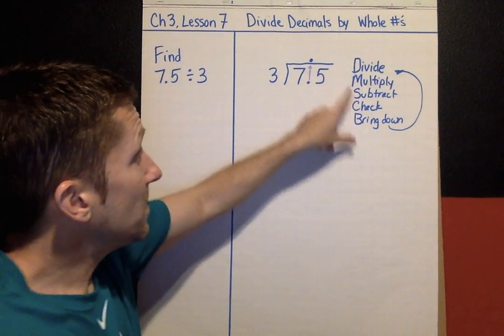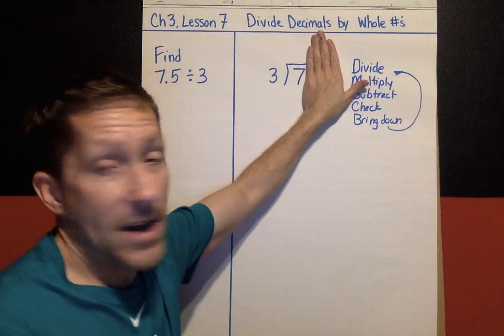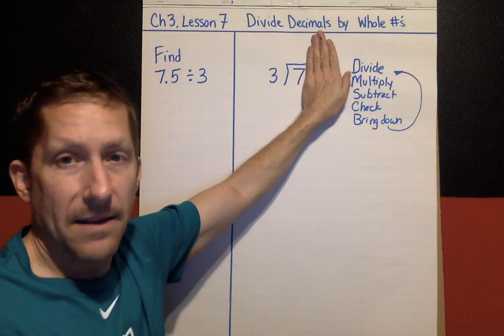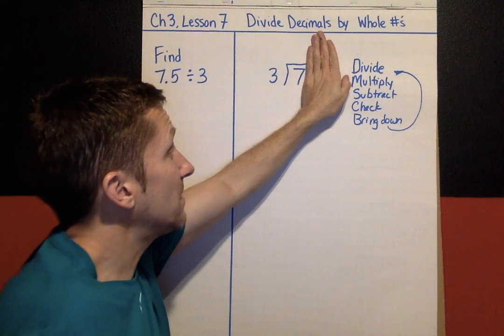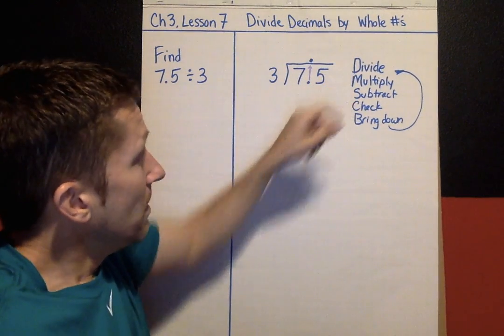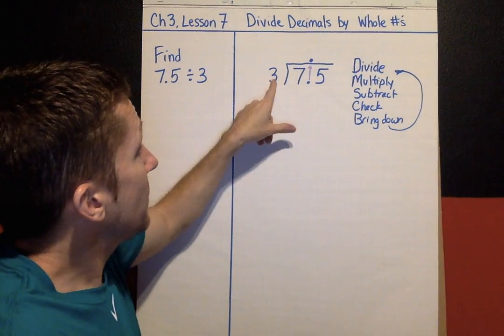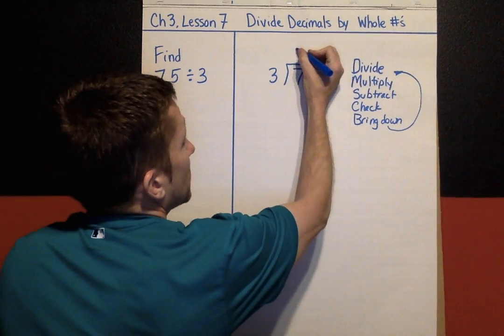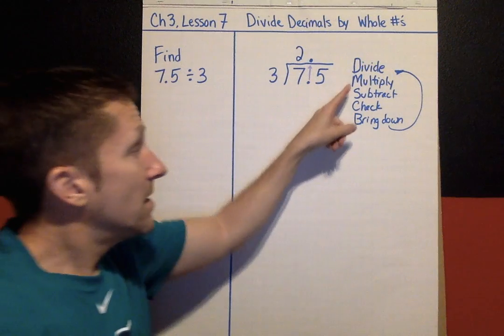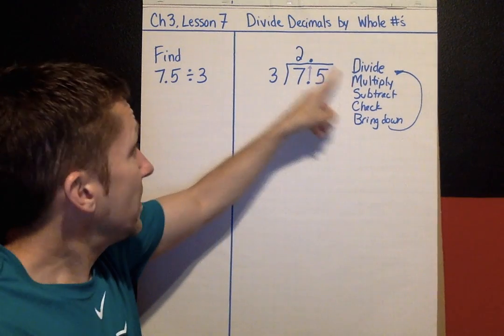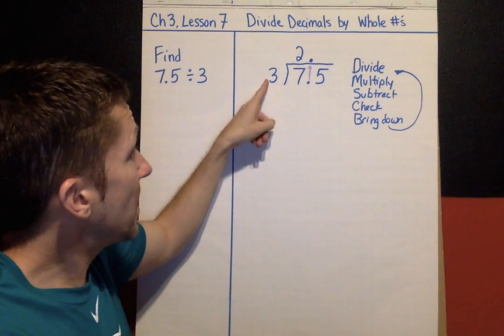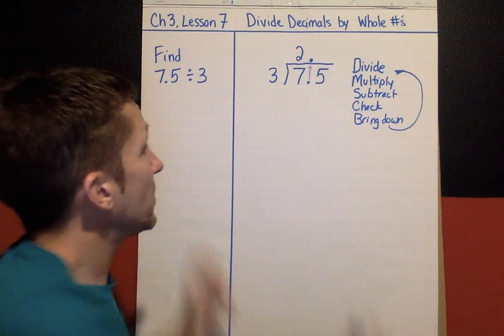So now I'm going to follow these steps, and I'm going to look at one number at a time. I'm going to divide. How many times does 3 go into 7? That's the divide step. How many 3's go into 7? The answer is 2. The multiply step is what you wrote here times this number. What's 2 times 3?